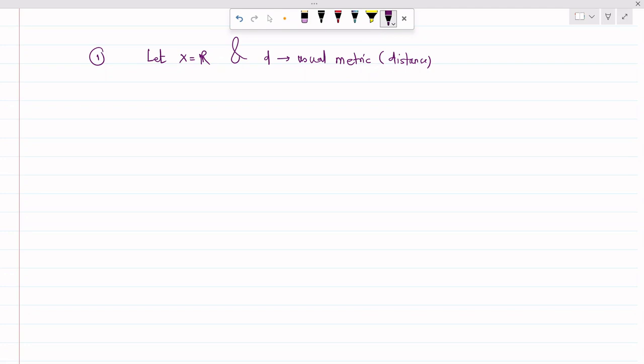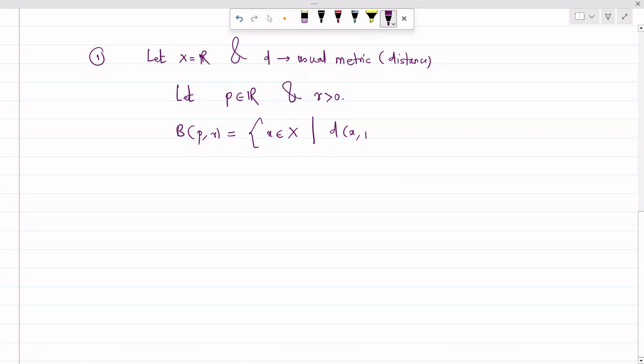For that, choose one point from real numbers, so let p belong to R, and also choose some positive radius r. Now what is B(p, r)? B(p, r) is equal to, as per the definition, the set of all points x in X such that d(x, p) is less than r.